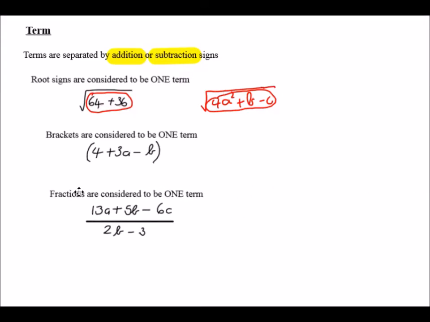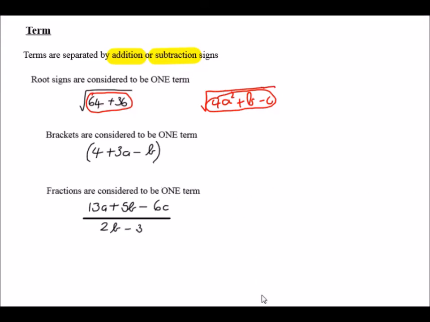Fractions are also considered to be one term because essentially what we have here is that divided by that. And remember, terms are separated by plus or minus signs, so that is also one term.